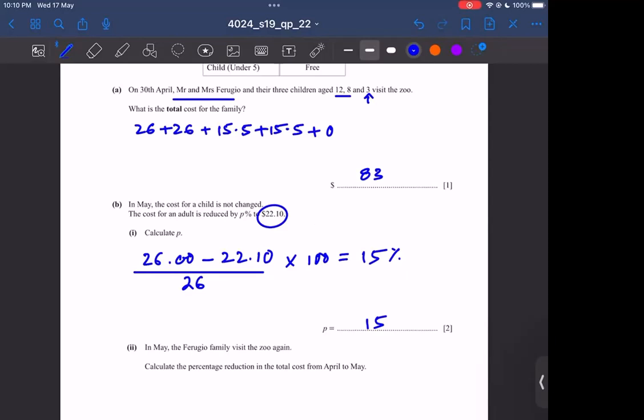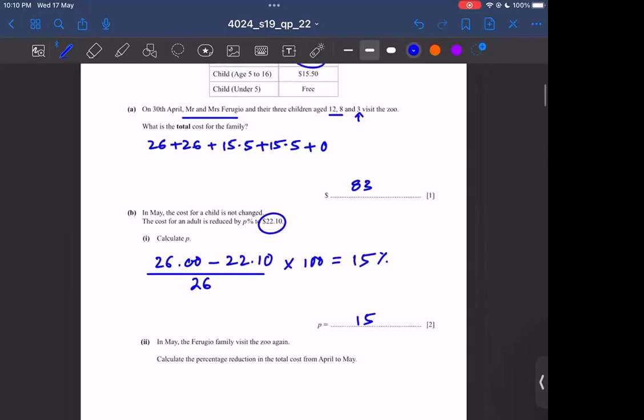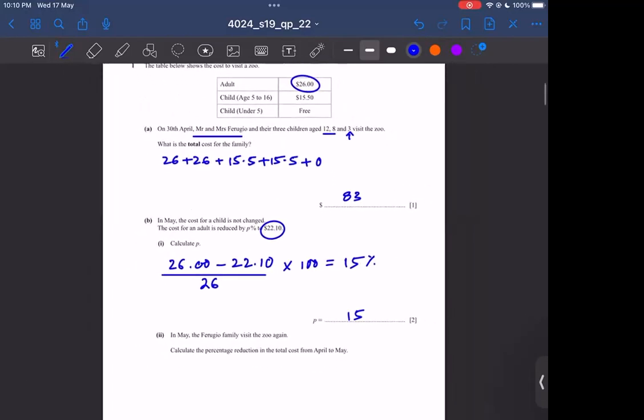Now, in this question, they are saying in May, the Frego family visit the zoo again. Calculate the percentage reduction in the total cost from April to May. Okay. So in May, the cost is going to be 22.10 for Mr. Frego, and Mrs. Frego is also going to be 22.10.